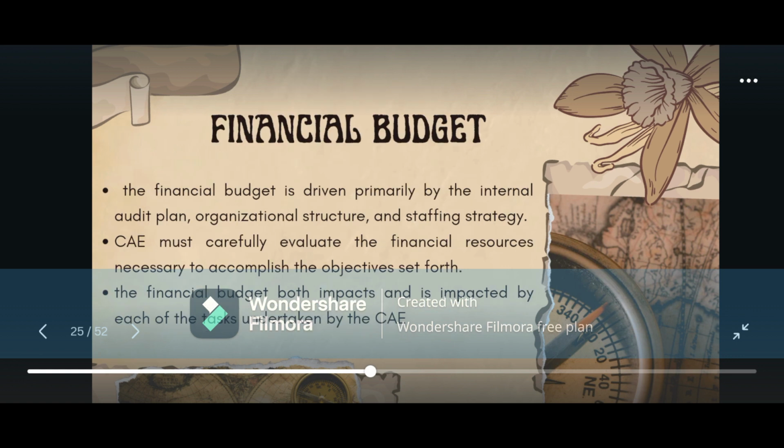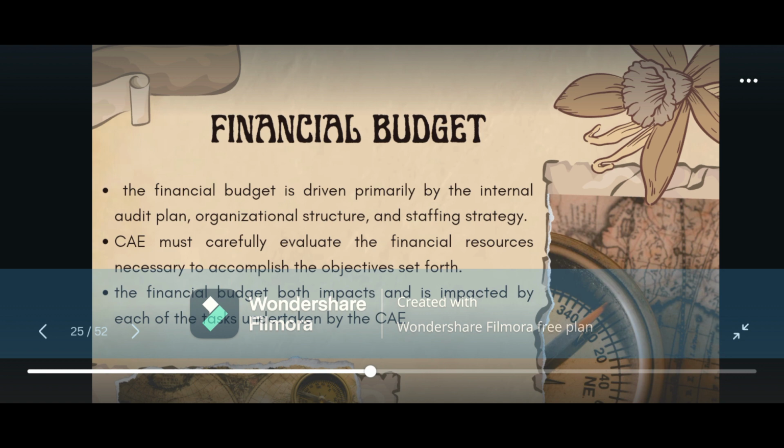So the financial budget. The financial budget is driven primarily by the internal audit plan, organizational structure, and staffing strategy. So the CAE must carefully evaluate the financial resources necessary to accomplish the objectives set forth. The financial budget both impacts and is impacted by each of the tasks undertaken by the CAE.